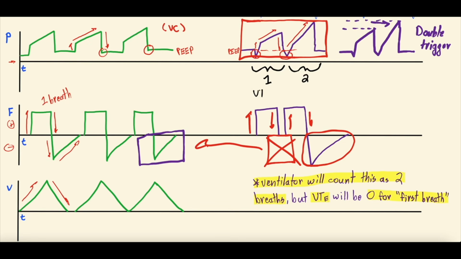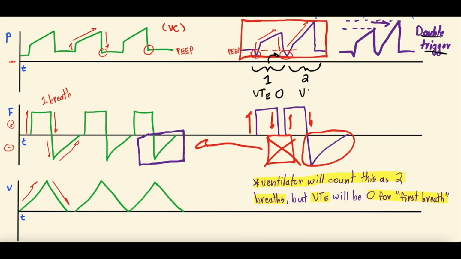The expiratory volume of this quote-unquote first breath is 0 because the patient never breathes out. We talked about how the patient is still inspiring in, which is what prompts that second breath and prompts the double trigger. The flow never goes expiratory. It never goes quote-unquote negative on the flow scalar. So the quote-unquote first breath, the expiratory volume will be 0.